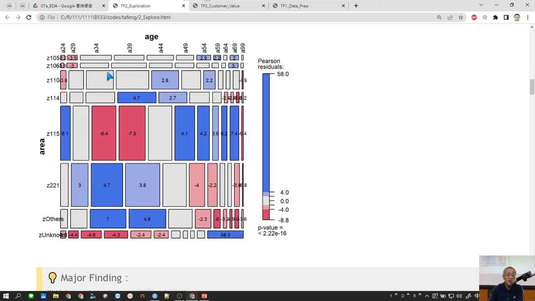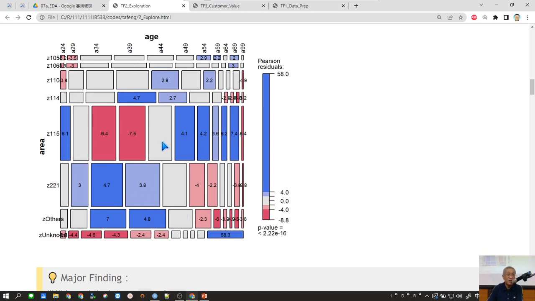In this direction they are age, and in this direction they are area. Each rectangle represents an area and age combination. For example, this one represents Z110 and age 39. See that?